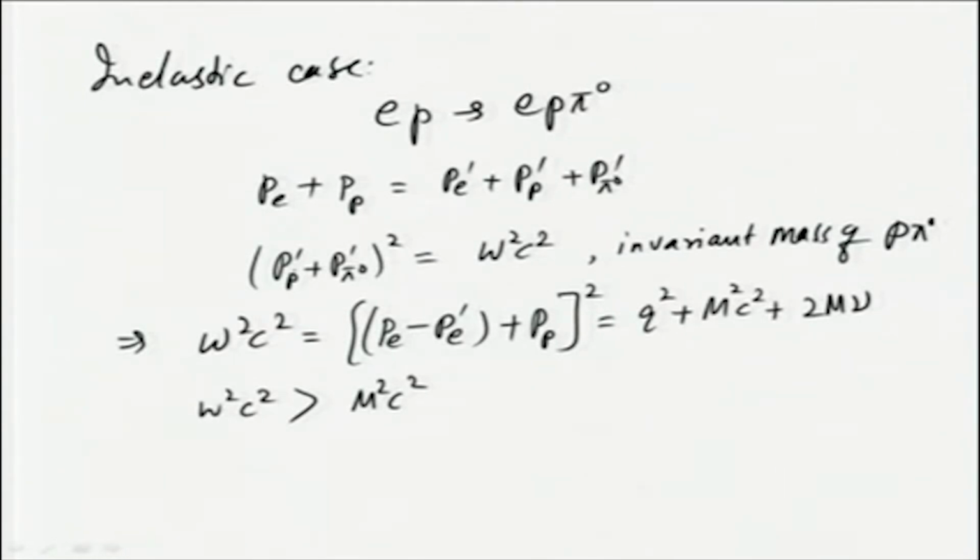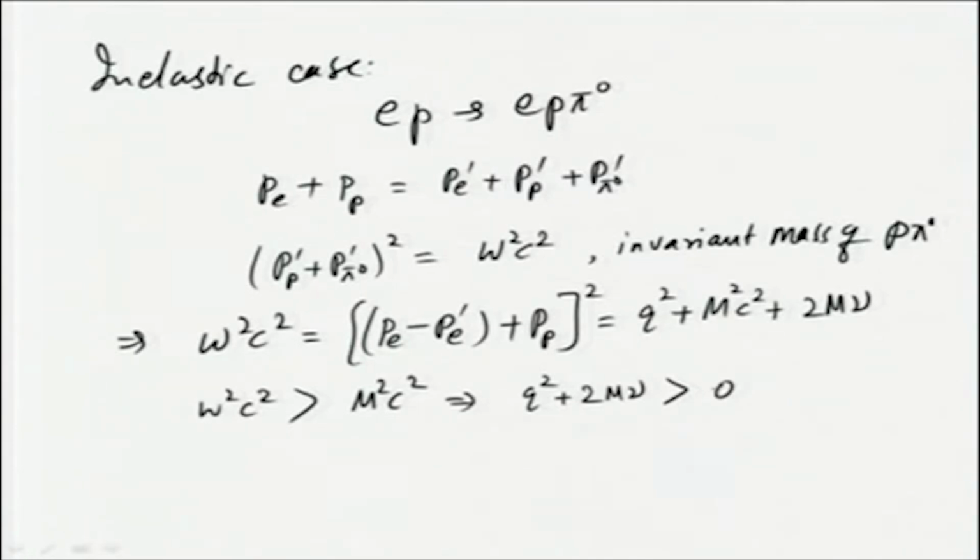So, W square c square is always larger than m square c square, and therefore the right hand side, q square plus 2 m nu, cannot now be 0, it has to be always larger than 0 in this case.